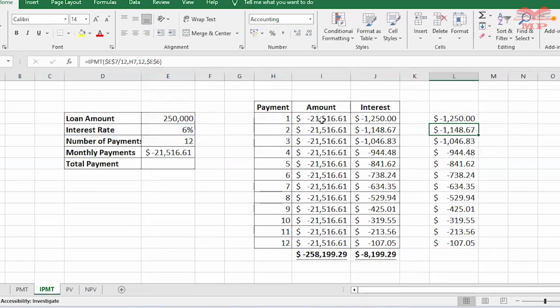Out of each of these, this is the amount the person will be paying per month, and out of this, 1,250 will be the interest.